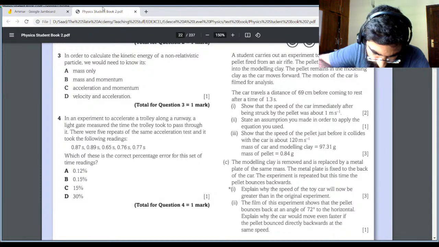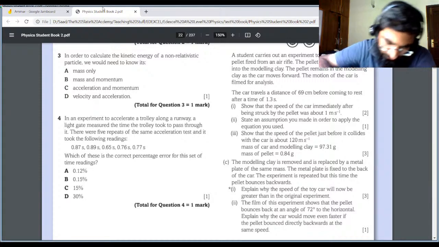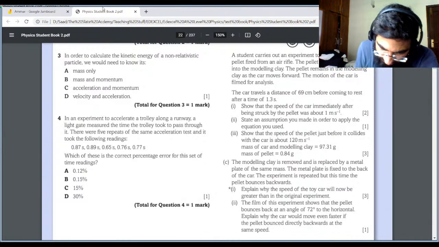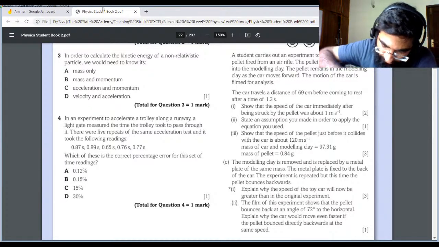So 97.31 into 10 to the power minus 3 into 0 into 1. The car is initially at rest, so I can simply put the total momentum of the car, m c u c, as 0. That makes life easy, but you can show it as multiplied with 0 as well.